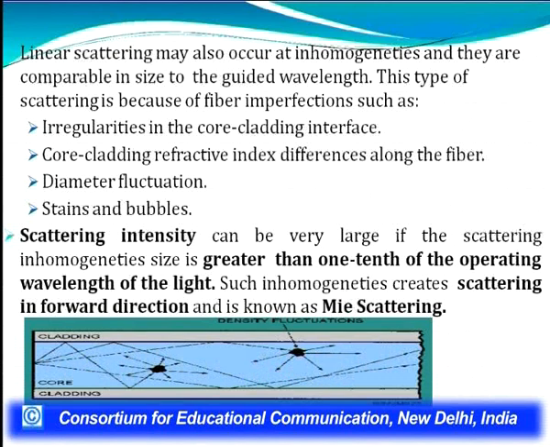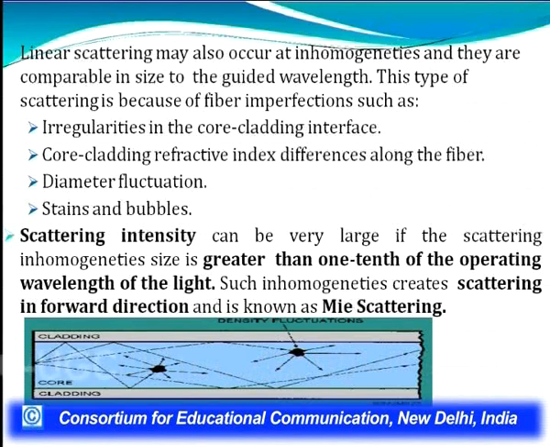Number two is the core-cladding refractive index differences along the fiber. Sometimes scattering can take place because of the different refractive index of the core and the cladding. Third is the diameter fluctuations of the optical fiber, of the core and the cladding. And fourth is the strains and bubbles in the optical fiber from the time of manufacture.